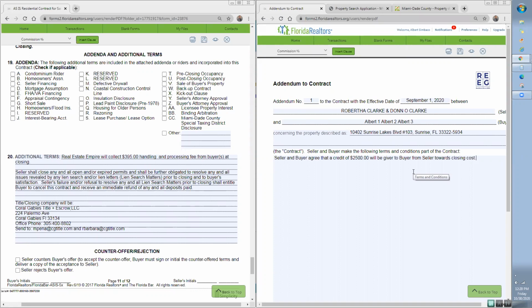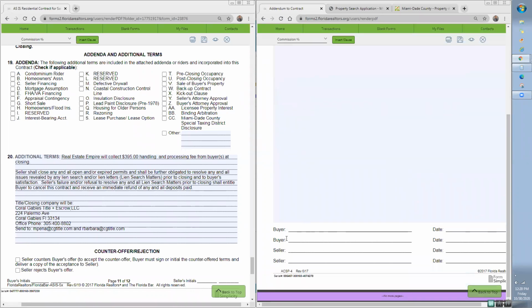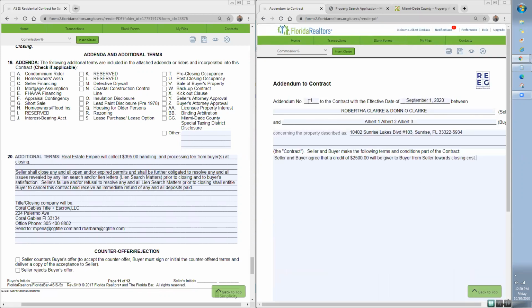So you use this addendum and you write out exactly what it is that the seller needs to do, okay? Send this to buyer and seller sign and date, and now the addendum becomes effective. Okay, and you can use this form as many times as you want. Just change the addendum to however many addendums you have. All right.